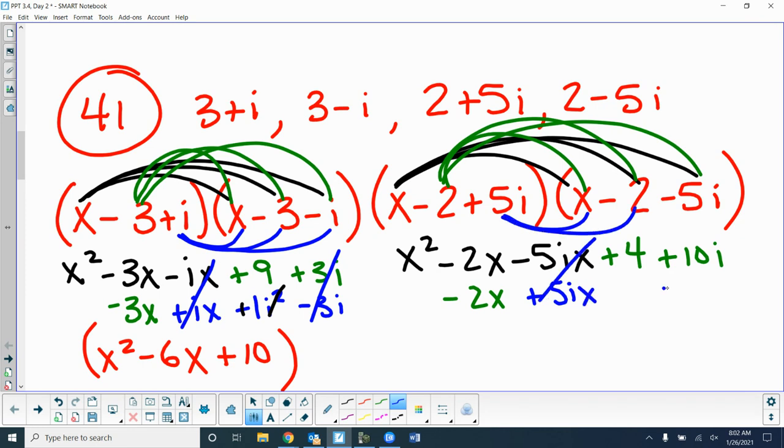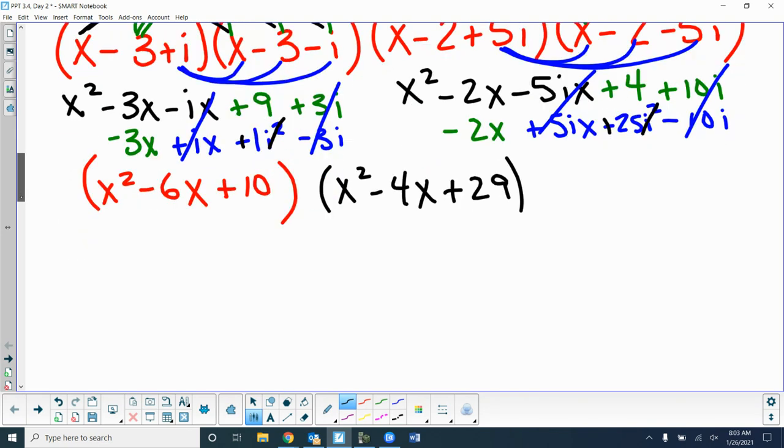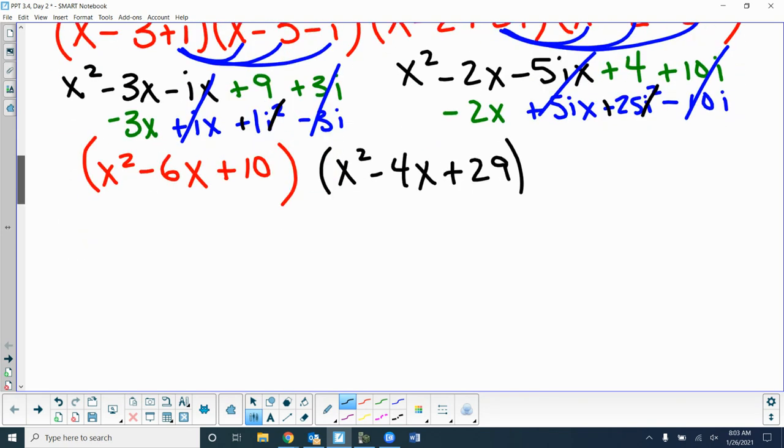And 5i times negative 2 is negative 10i, and those cancel. And positive 5i and a negative 5i is a negative 25i squared, which again, negative 25 times negative 1 is positive 25. So this answer is x squared minus 4x plus 29. 4 plus 25. And then I got to multiply those two together and combine like terms to finish it up.